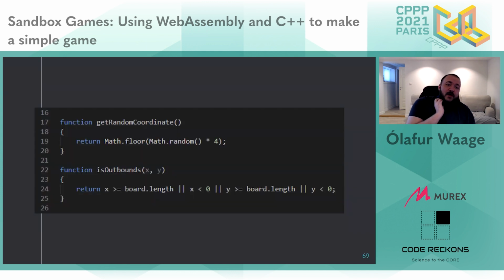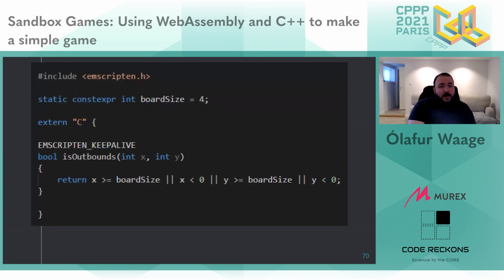So here are two of them. One of them is to get random coordinates; this is to spawn a new random box on the tile. The other one is to ask if you are out of bounds, to prevent the boxes from going outside. So you can see that I'm just asking a question about where you are in the array. Great. So here is Emscripten.